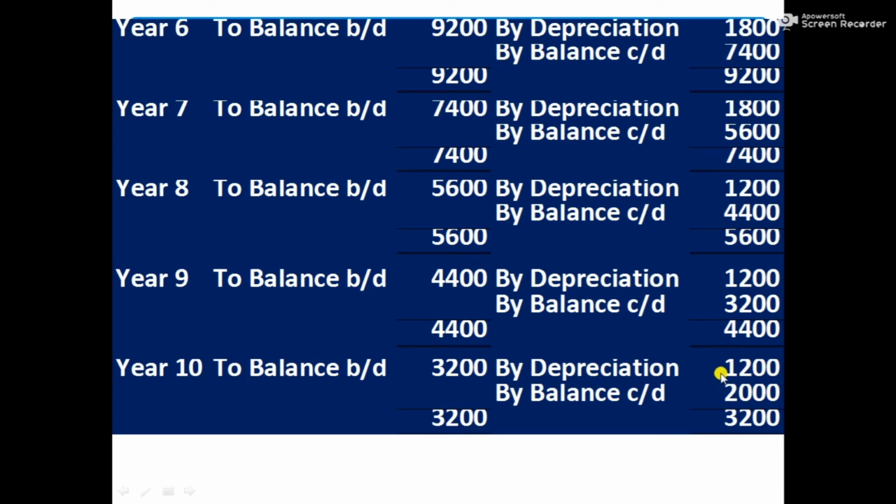Therefore, under number of units method, the depreciation is calculated based on the production or output quantity. The depreciation formula is cost of the asset minus scrap value into number of units during the year divided by total estimated production.